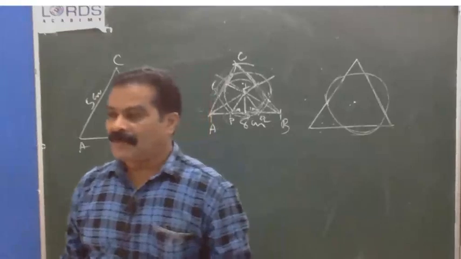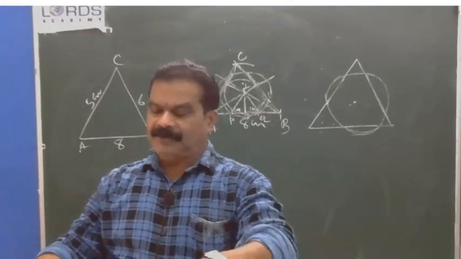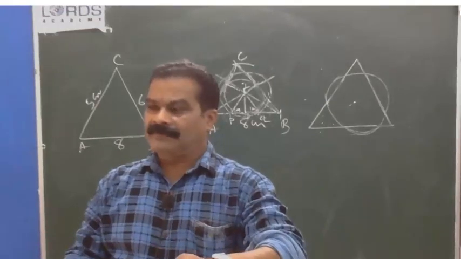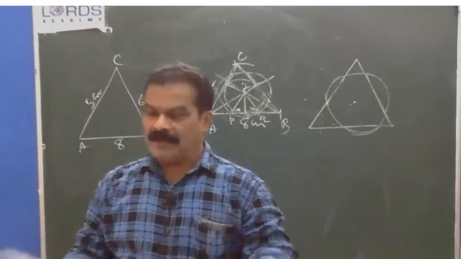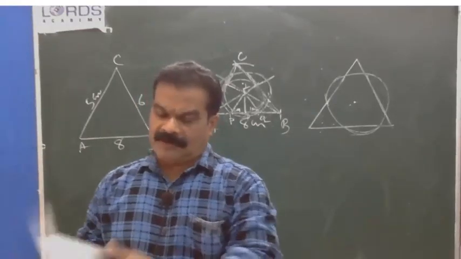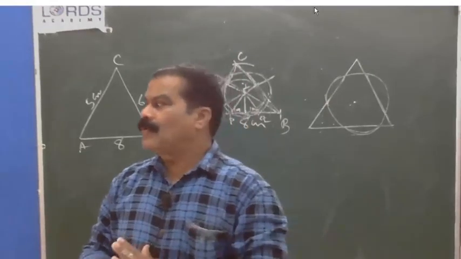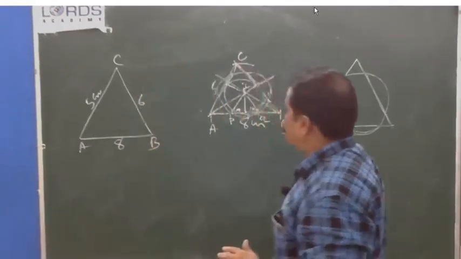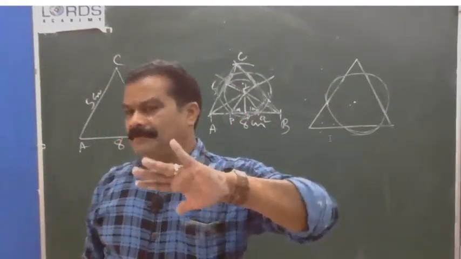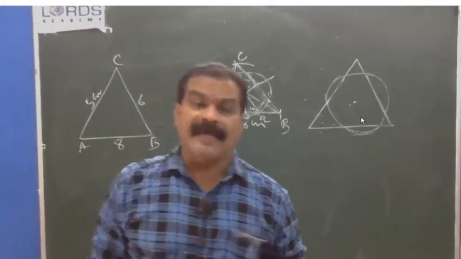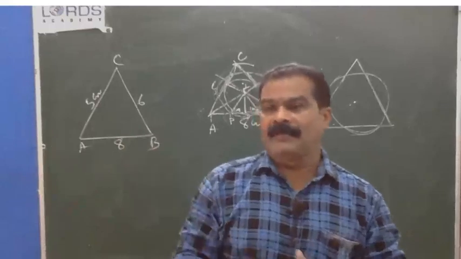Then we wind up this chapter. Next day I will take another chapter. It's a very important chapter, you should know. These are not important questions, don't worry about them. You should study the tangents: how can we draw the tangents to a circle from an outside point?